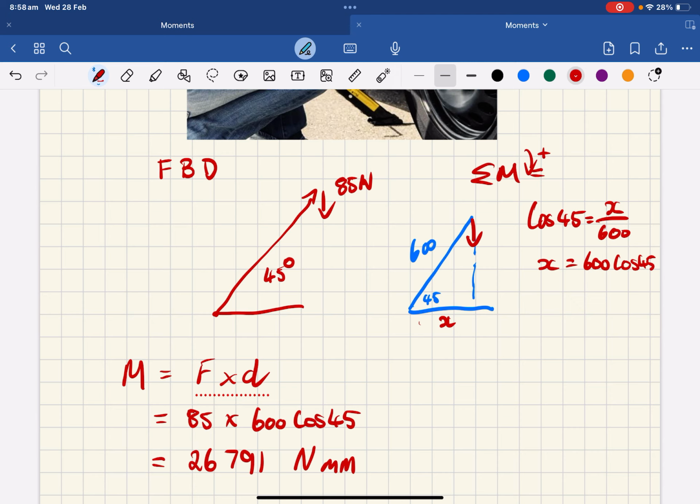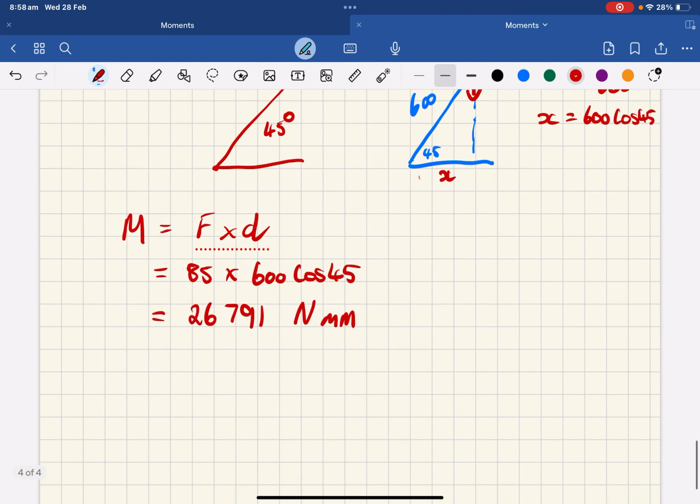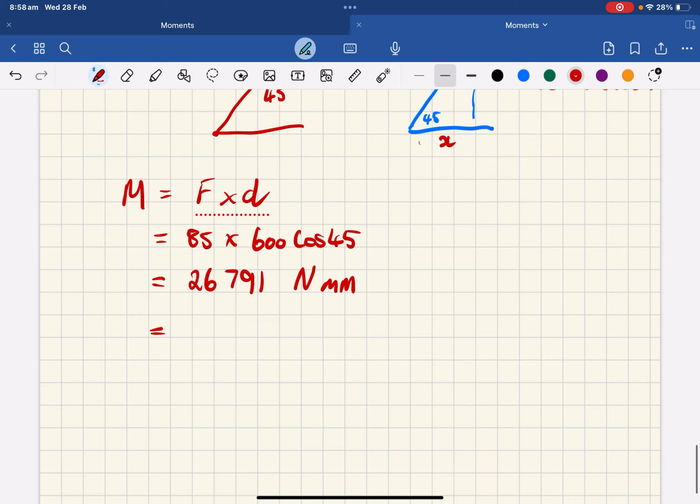Now it's in newtons and millimeters, which is no good to us. So how about we change it? So instead of doing 600, we do 0.6. Newton meters.